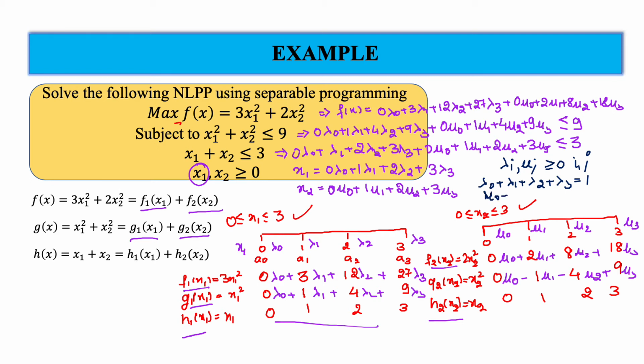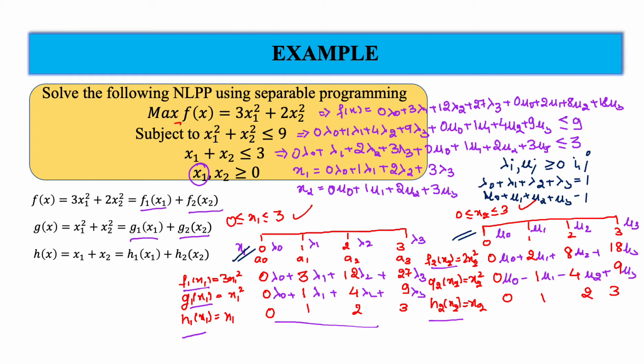Then mu naught plus mu 1 plus mu 2 plus mu 3 is equal to 1. Basically, first we see one variable x1, forgetting about the other variable, and make a linear approximation corresponding to that variable. Then we do the same with the second and forget about the remaining. The lambda i and mu j may not be the same, so we make different constraints.